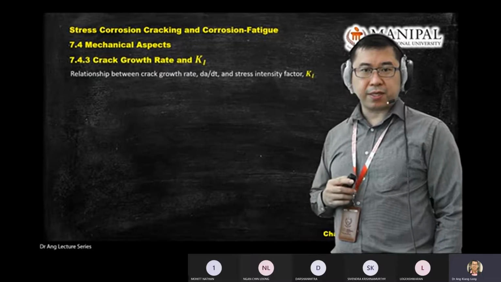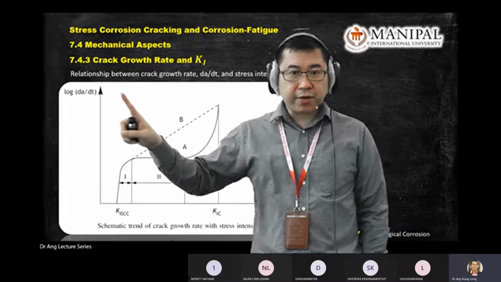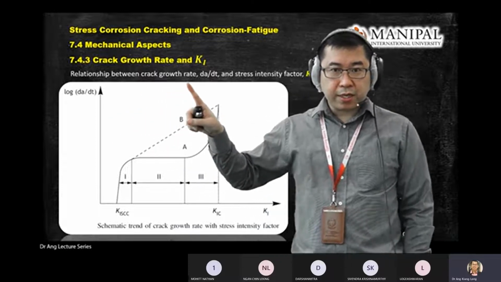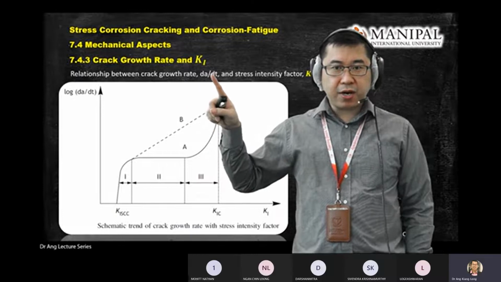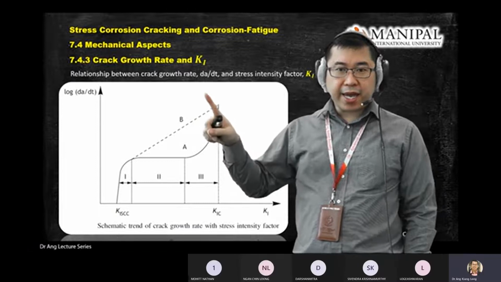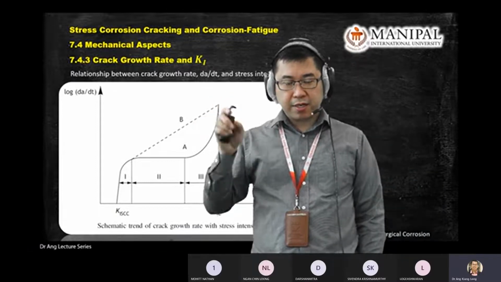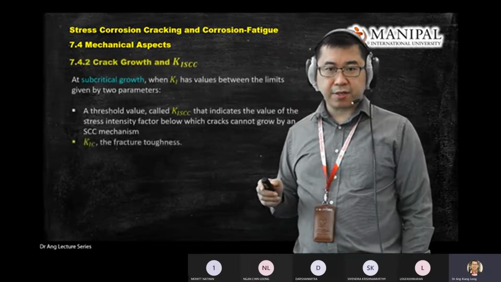Okay, another one. This graph tells you the relationship between the crack growth rate, dA over dt. In the formula for KI, A represents the size of the crack.